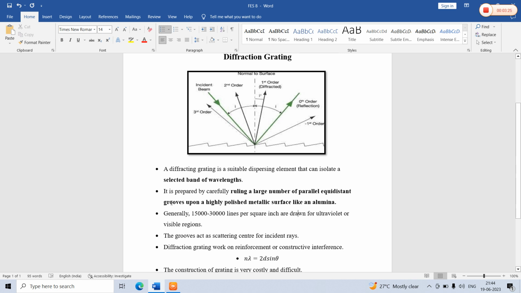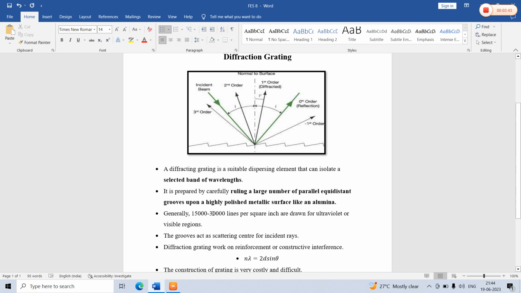Generally 15,000 to 30,000 lines per square inch, or instead of lines we can say grooves, that is grooves per square inch.